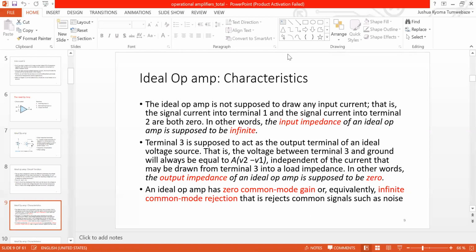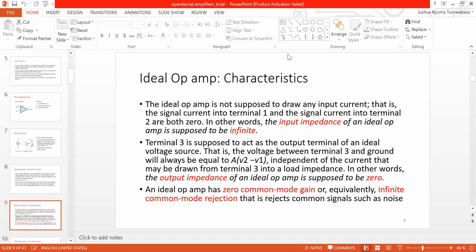But of course, practically, you cannot have an infinite input impedance. So you'll find that, for instance, the 741 op amp will have an impedance of about 100,000 ohms, or 1 mega ohm. But for the ideal case, we'll take it to be infinite.